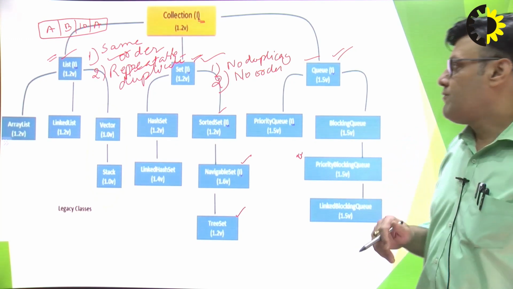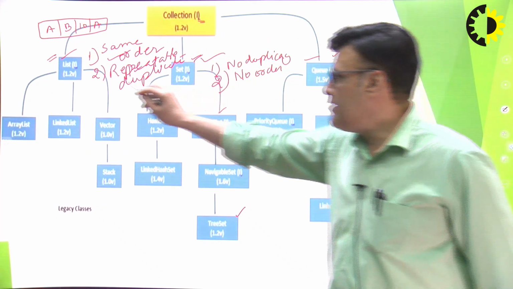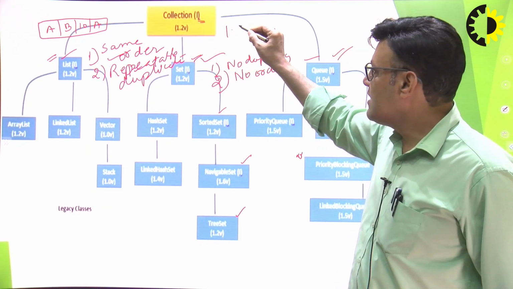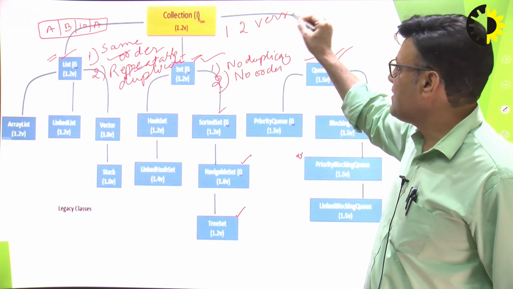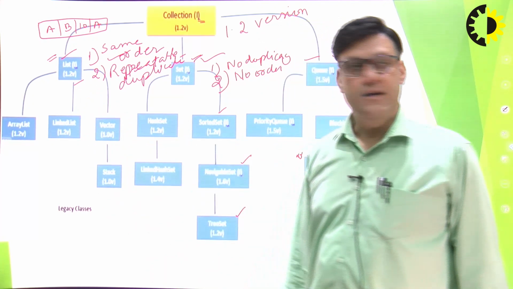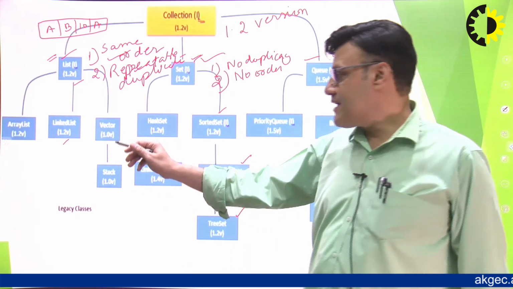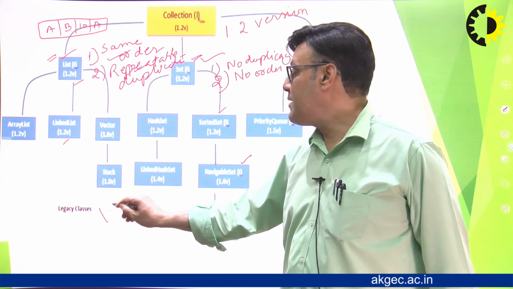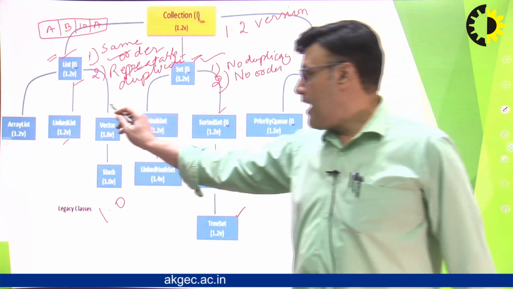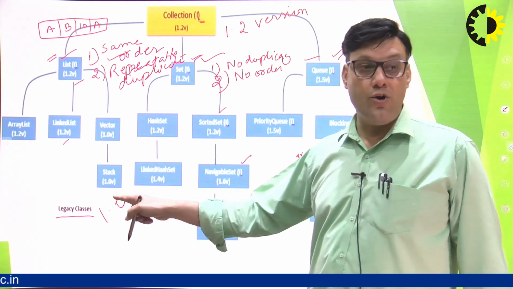Now you are seeing that I have written some versions, 1.2, 1.2. This means the concept of collection came in the 1.2 version of Java. The concept of list came in 1.2, ArrayList 1.2, LinkedList 1.2. The concept of Vector and Stack came in the 1.0 version, the older version. I have made a circle here and written legacy classes. Legacy classes means this is the older concept.